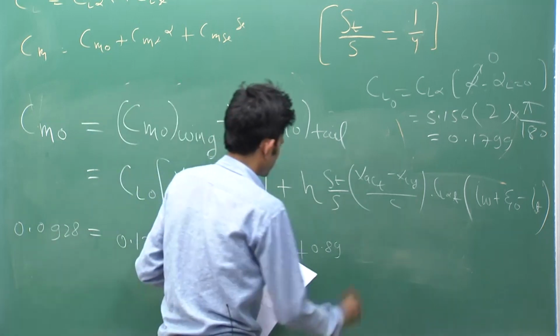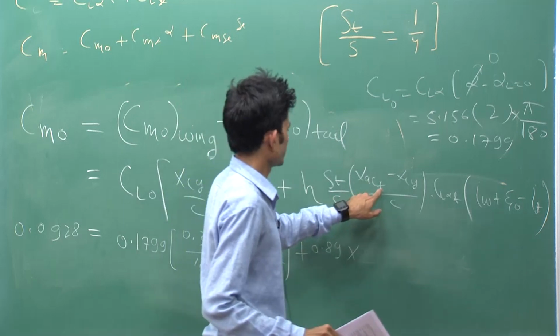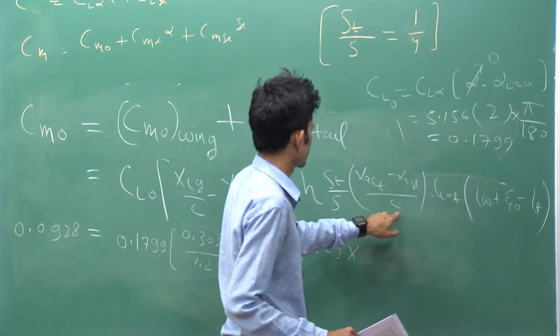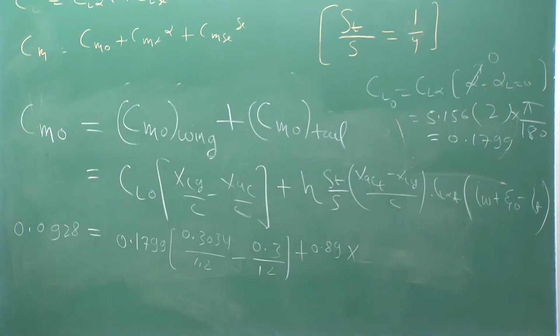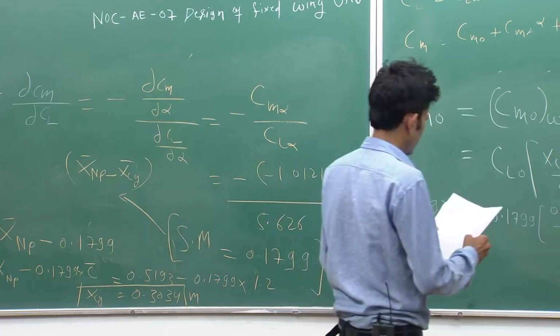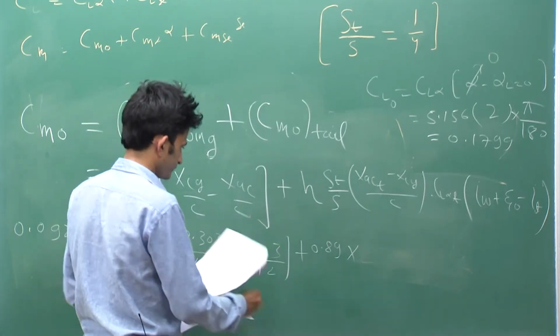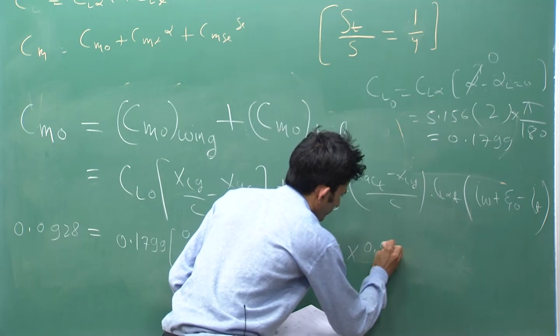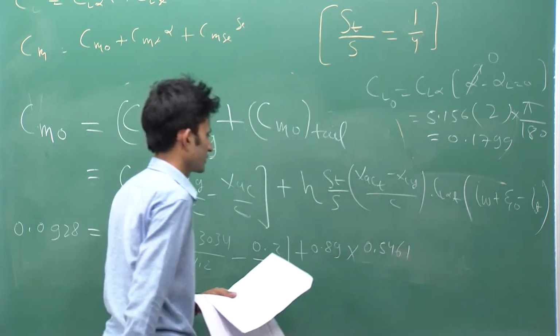Okay. This thing, ST by S, XAC of tail minus XCG by C, you can write as the tail volume ratio, right? We already defined it. So the tail volume ratio is nothing but, which we got, 0.5461. Just take 4 digits.